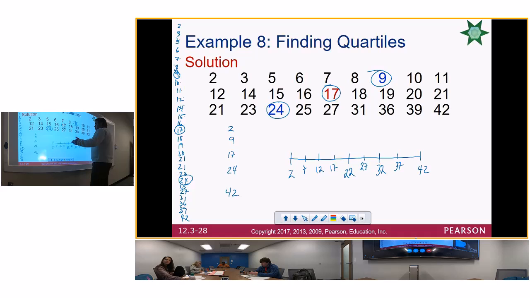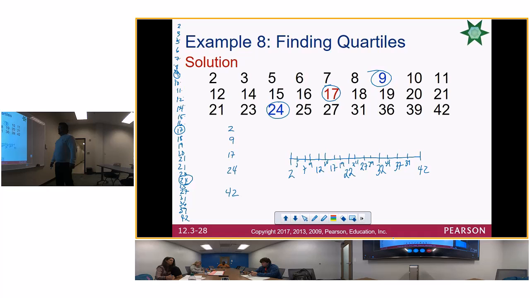And if you wanted to go further, half of 5 is 2.5, so this is going to be 4.5, 9, 14, 19, 24, 29, 34, and 39. That should be enough for you.